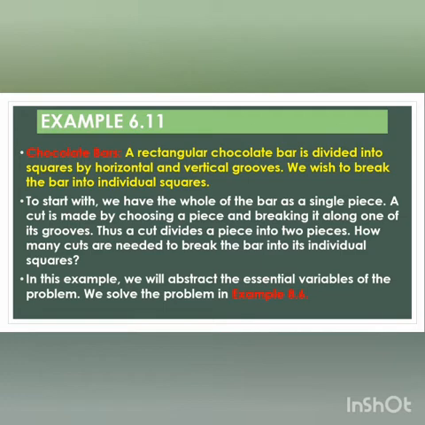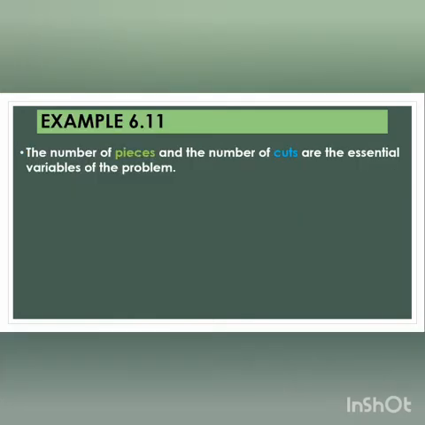In this example, we will abstract the essential variables of the problem. Now, we will discuss which is relevant and which is irrelevant to this problem. First, let us see the essential variables. The number of pieces and the number of cuts are the essential variables of the problem.